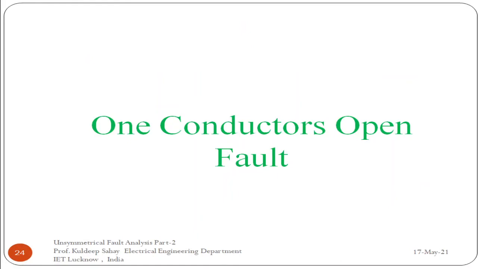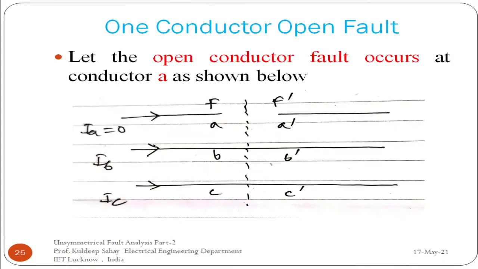Another case is the open conductor fault. Here there will be one conductor open while the other two phases are intact, meaning phase B and phase C are intact.